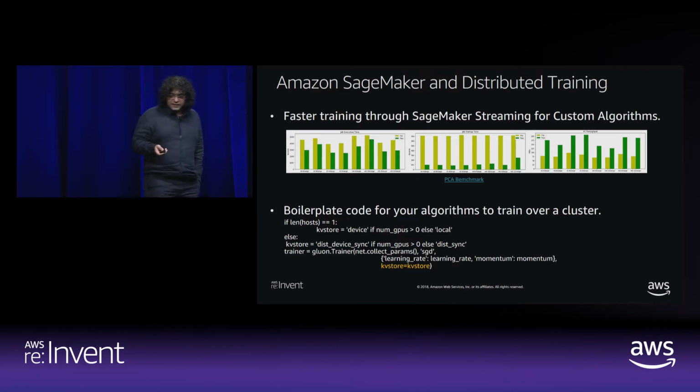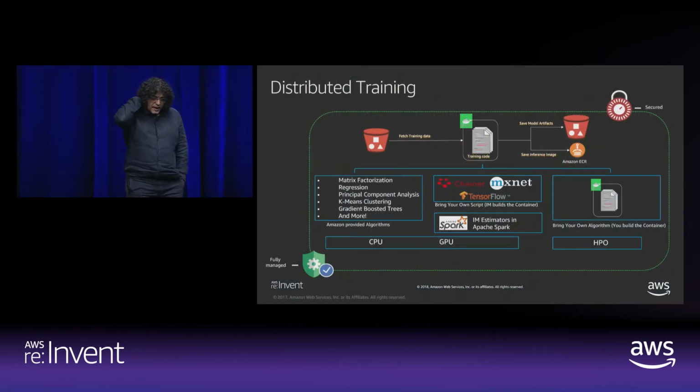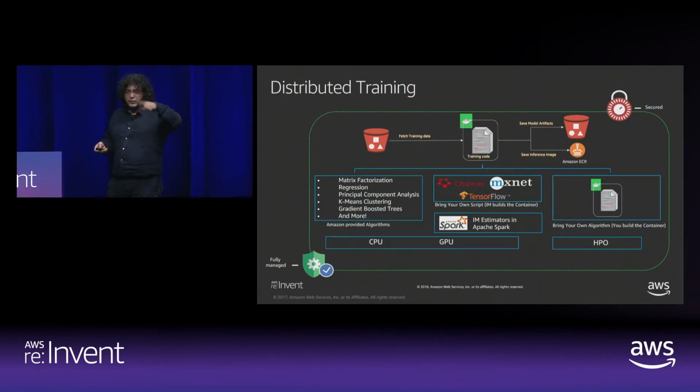The way distributed training goes about is that you have your models in S3. From S3, you have your code somewhere, and then your data is going to be streamed or copied into the nodes of your training cluster, and then your model is trained, and the result of that model is put in an S3 bucket. And the way it's done, it uses an ECS cluster, an Elastic Container Service.